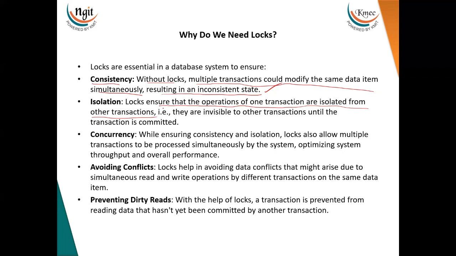With the log-based protocol, the operations of one transaction are separated from other transactions, and they are invisible to other transactions until the transaction is committed. So when a lock is acquired by the transaction in execution, and another transaction tries to access the same data item at the same time, it is not allowed until the transaction performs a commit operation.